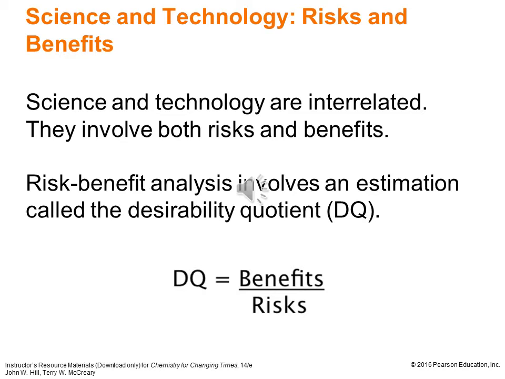So we can use a desirability quotient, abbreviated DQ here, to compare the benefits to the risks as we have it here. So we would just estimate what benefit we expect divided by the risk, and we'll get that desirability quotient. Obviously, we want as much benefit as possible with as little risk as possible, so we're hoping for a DQ that's a very large number.